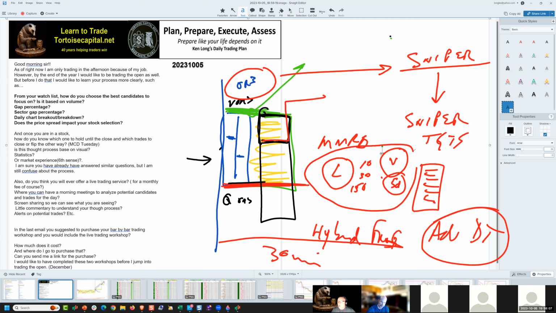When criteria are met, they become sniper targets. Sniper targets become things that I'm willing to use on the OR3. That is its own separate workshop.